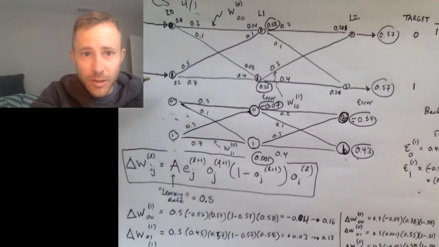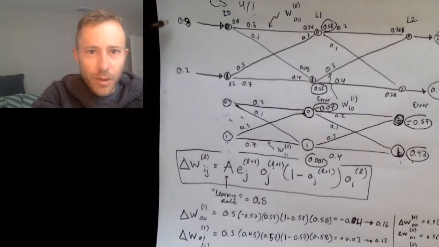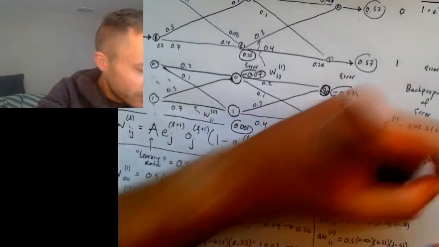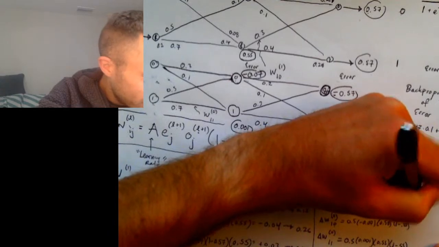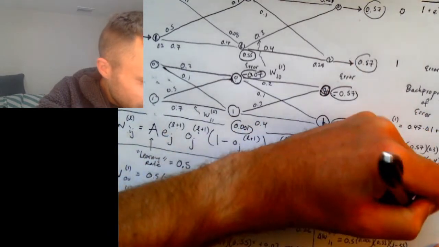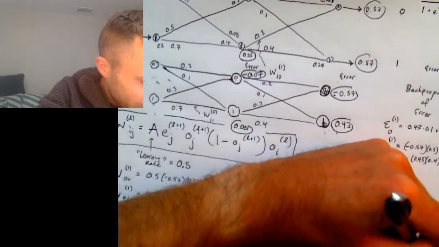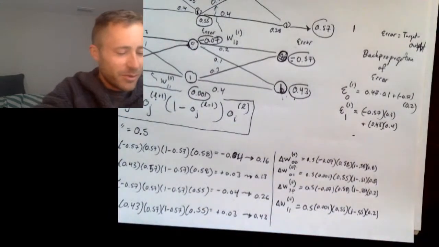It just copies the input. So it's either going to be 0.8 or 0.2, depending on what the first index is. So I have 0.8, 0.8, 0.2, 0.2. Okay, so now I have to crunch the numbers one more time.